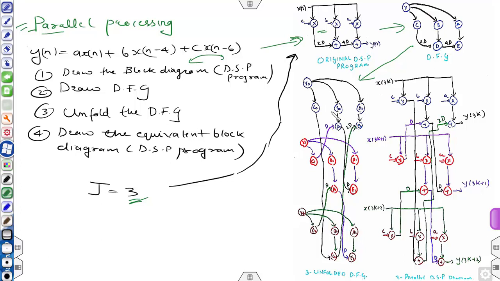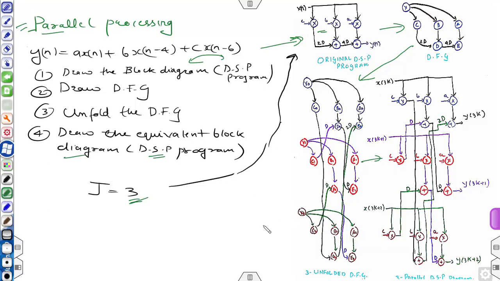Then you use the algorithm that was discussed previously to draw the unfolded structure, and then you can draw the equivalent block diagram or DSP program. Okay, so these steps you have to follow.